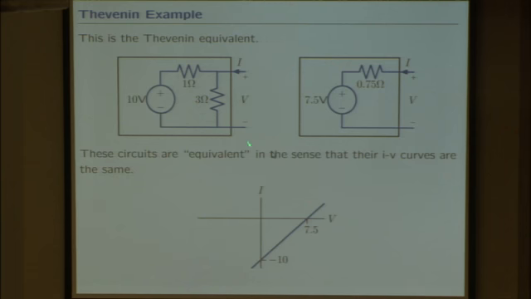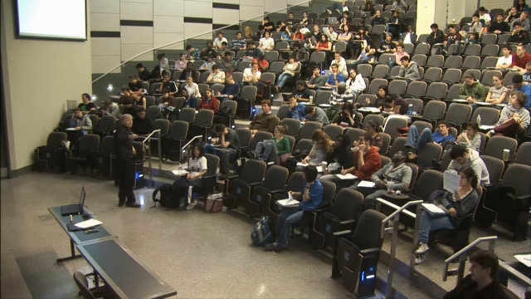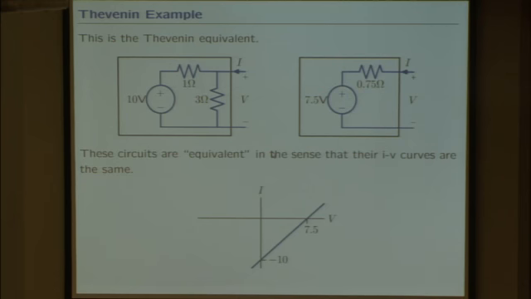Well, over here it's 7.5 by the voltage divider. Over here it's 7.5 by the fact that there's no current going through that resistor. And the short circuit current better be the same. So over here, if you short this out, you're going to get 10 amps. Over here, if you short it out, you're going to get 10 amps. So you can always go back and forth. The point is that you can substitute the simpler circuit for the more complex circuit because they have the same VI curve.